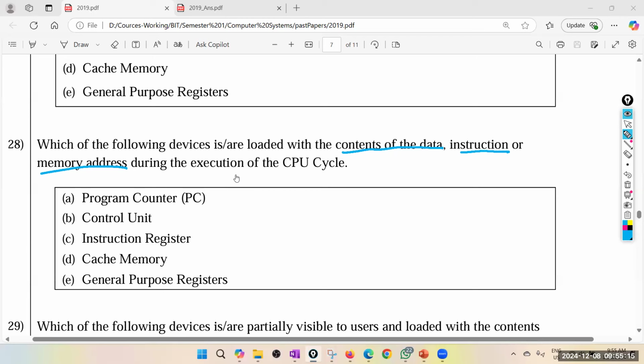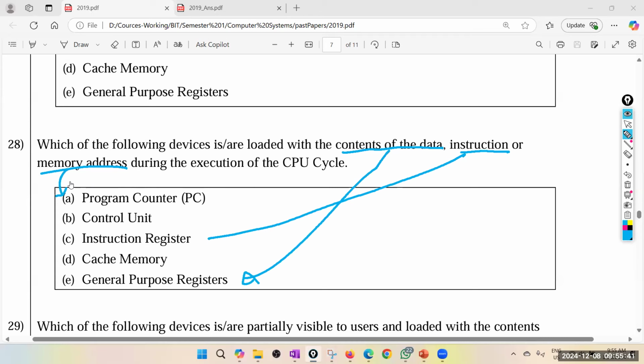So now this is very confusing. Contents of the data will definitely be in the general purpose registers. Instruction will be in the instruction register. The memory address will definitely be in the program counter, the next instruction's memory address.